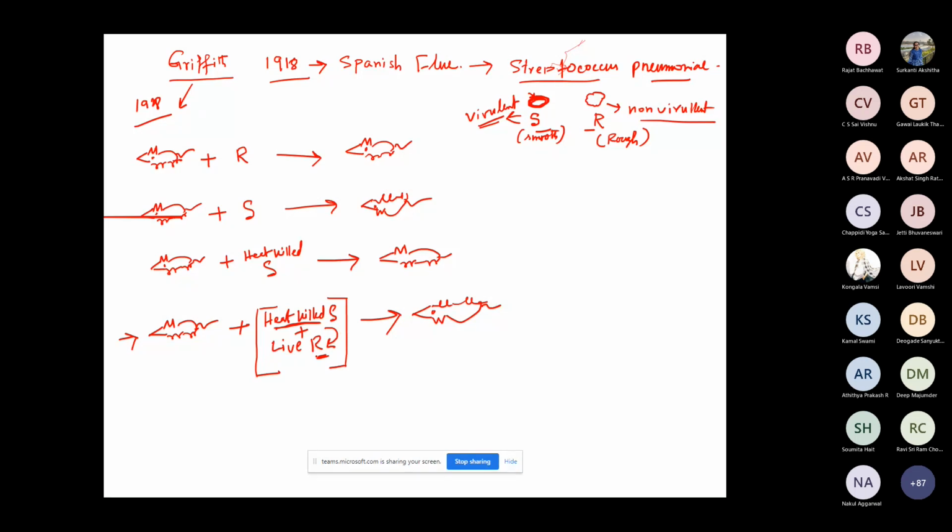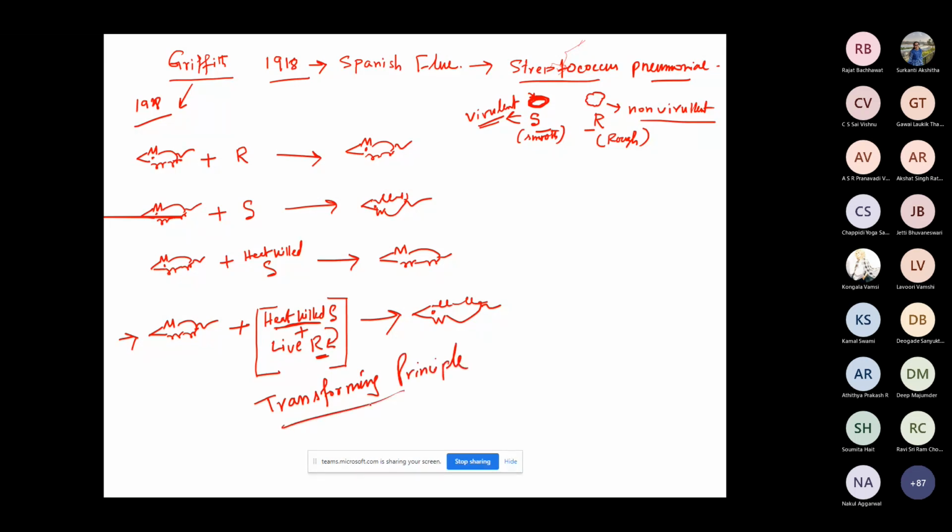And now, after acquiring that information, those R cells become S cells. And as a result of that, they can cause the disease and they can kill the mouse, right? But someone needs to prove that. What is coming from the heat-killed S cells, right? Because what Griffith told, something that is called transforming principle.